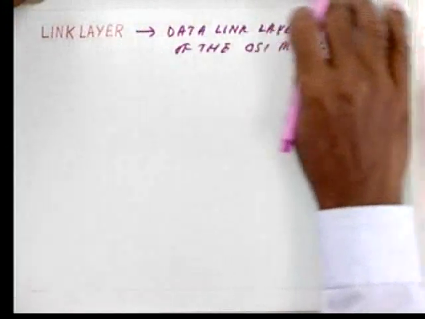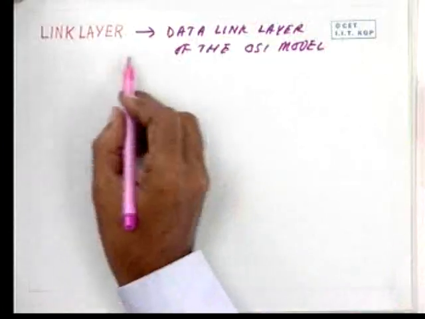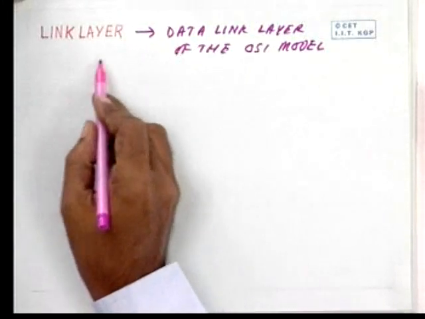And as we know, the physical layer concerns transmission of bits, and it is the responsibility of the data link layer to achieve reliable communication utilizing the physical layer, and that is precisely what is being done by the link layer.